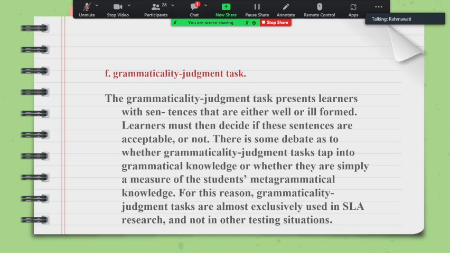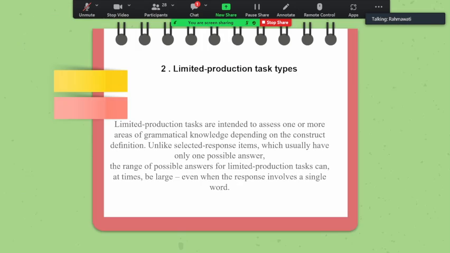There is some debate as to whether grammaticality judgment tasks tap into grammatical knowledge or whether they are simply a measure of the student's grammatical knowledge. For this reason, grammaticality judgment tasks are almost exclusively used in second language acquisition research and not in other testing situations. Next. The next is limited production task types.